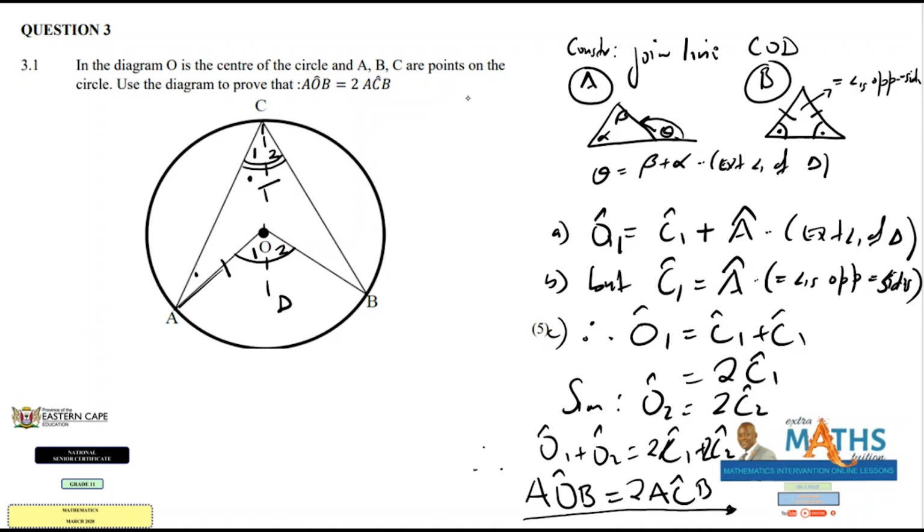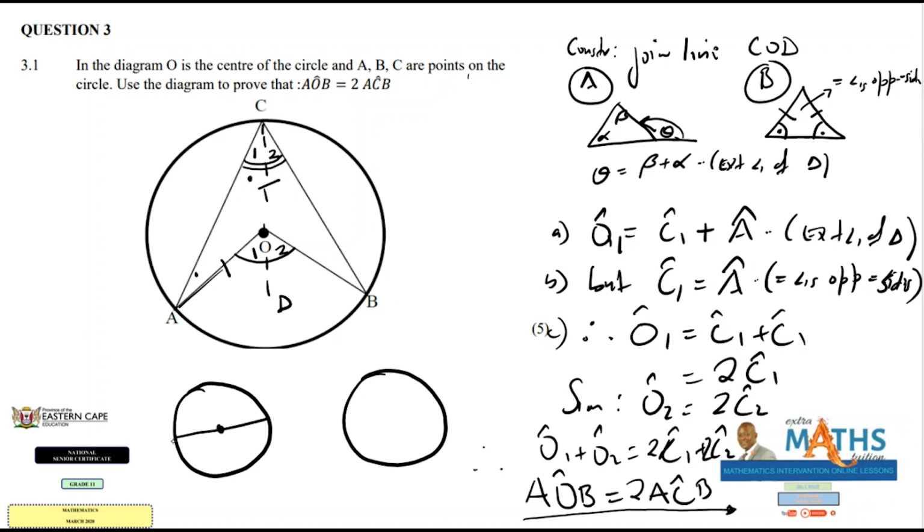To remind yourself, we used an exterior angle of a triangle and also the isosceles triangle, which is equal angles opposite equal sides. Then we were able to prove this theorem. But before we proceed, I want to remind you guys that this theorem can also be used in terms of a diameter.